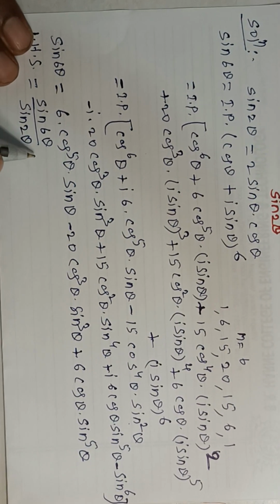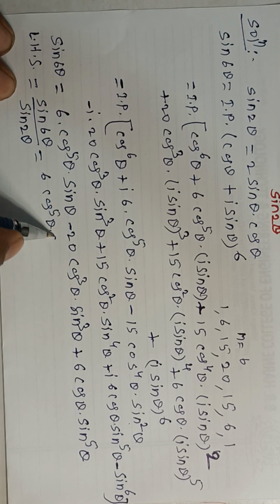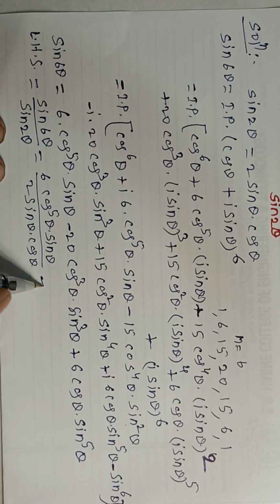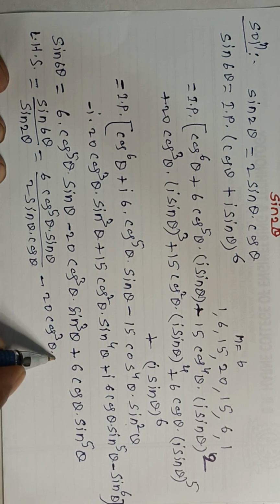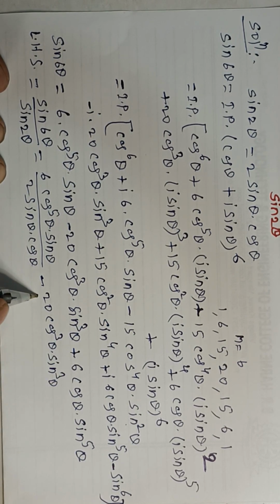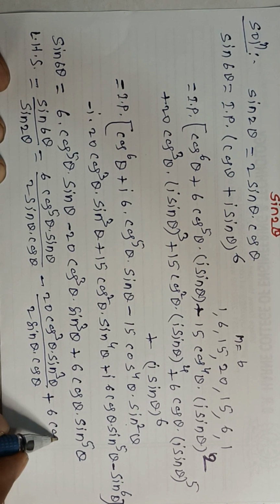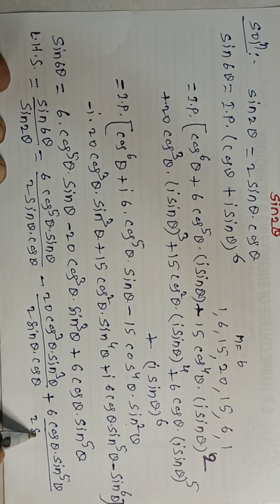So this is equal to 6 times fifth power of cos theta into sin theta divided by 2 sin theta into cos theta, minus 20 times cos cube theta into sin cube theta divided by 2 sin theta cos theta, plus 6 times cos theta into fifth power of sin theta divided by 2 times sin theta into cos theta.